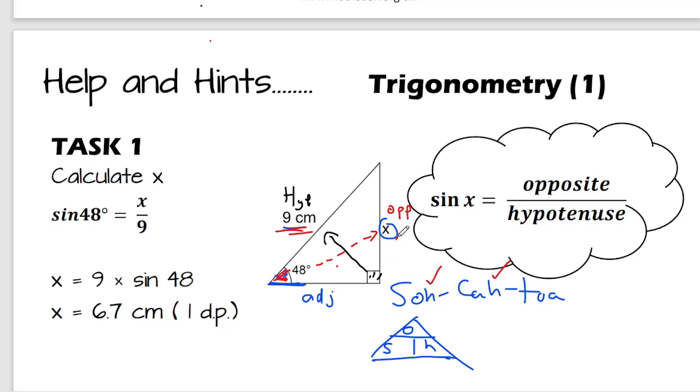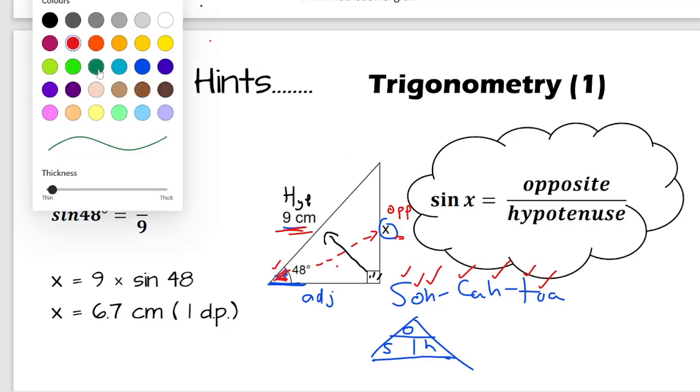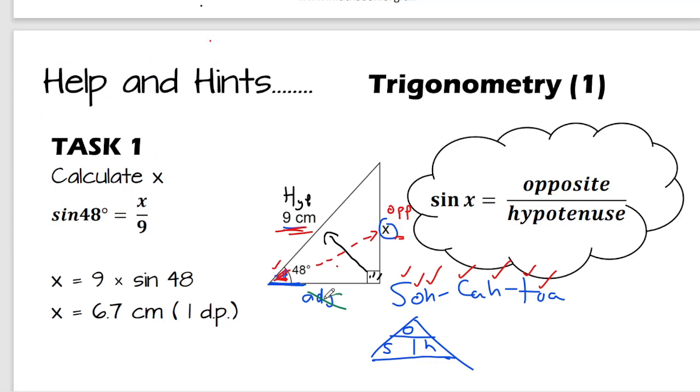We want to know the opposite because we need to find x, so we want to find the O. And do they give us an angle? Yes, they do. So actually I could use all three because I've got an angle. Now what don't I know anything about? They don't give me anything about the adjacent at all, so I can't use the adjacent in my calculations because I don't know anything about it. So straight away it directs us, we're going to use sin.